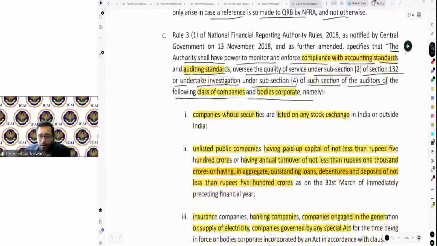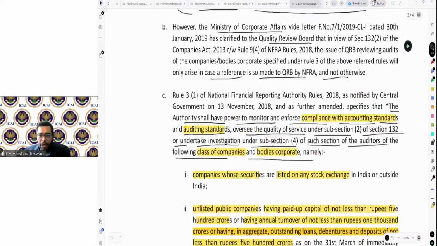But when I talk about the NFRA rules, Rule 3.1 says that the following class of companies or body corporate will be governed by or monitored by NFRA, and unless and until a reference is made under Rule 9.4 of NFRA rules, QRB cannot review these audits under quality review. So based on this, I can select an audit firm. I cannot select the entity. Clear?